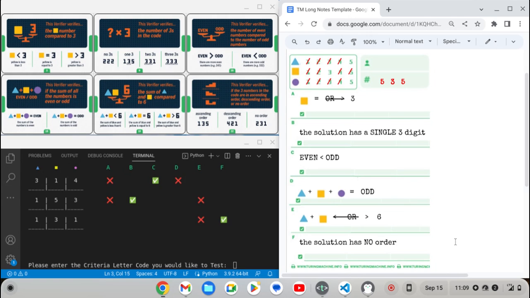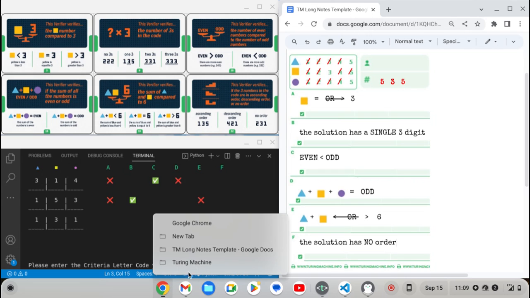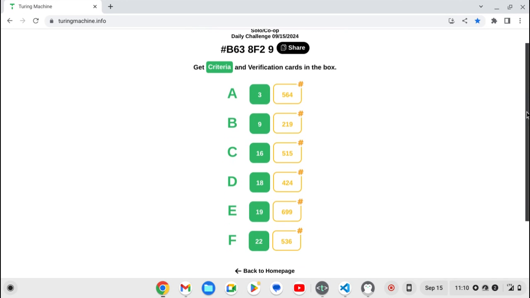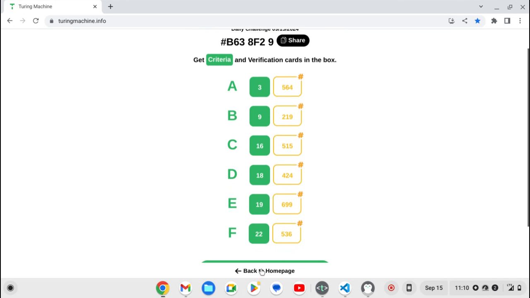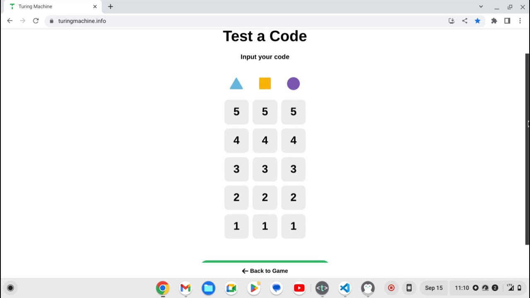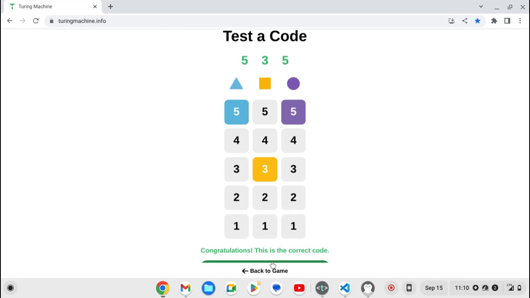So it does seem to fulfill all of the 6 criteria cards, but let's go ahead and confirm that 535 is the solution. So 5, 3, 5. Okay, yes, fantastic.